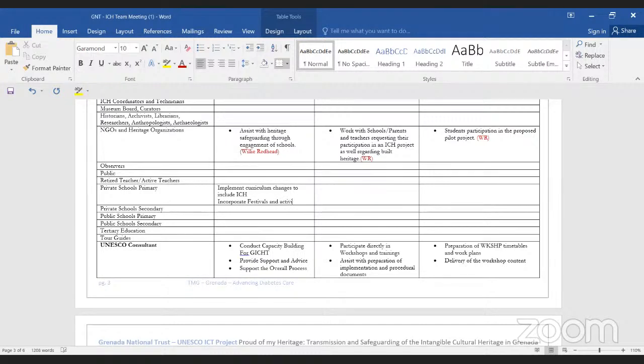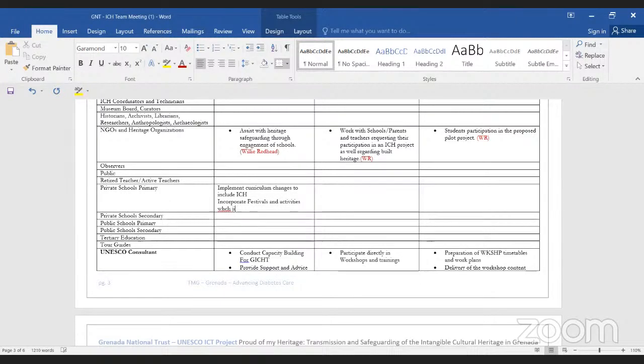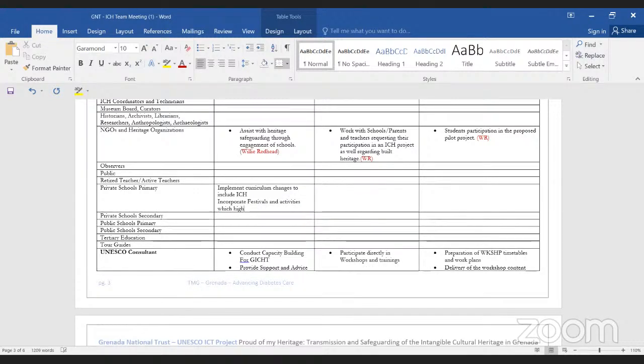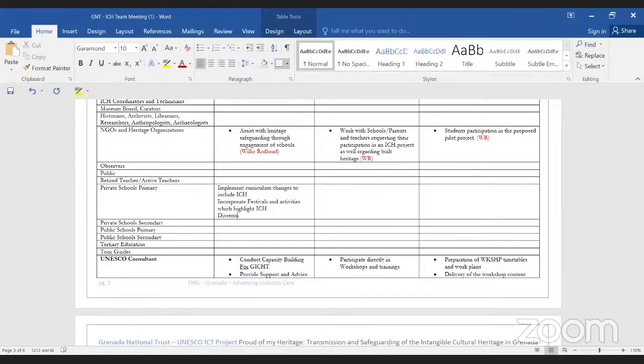So that's for practice. At the teacher level, it would be raising awareness in the classroom. Then we have disseminating and training in ICH practices, also in the classroom, and discussion and reflection in the classroom. So that's practice.